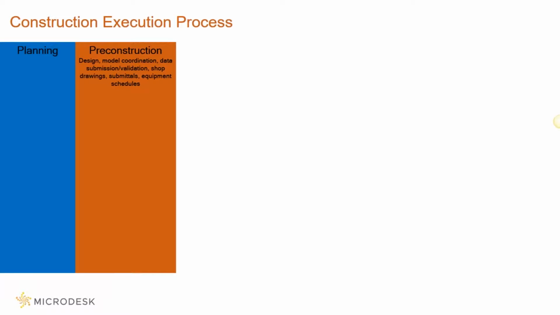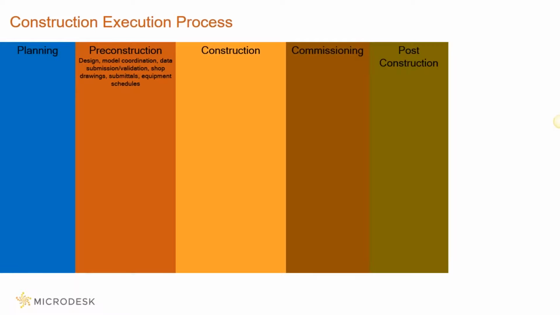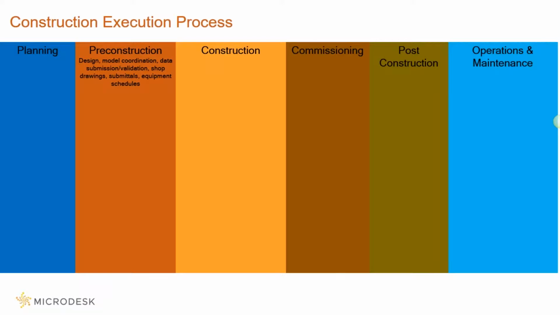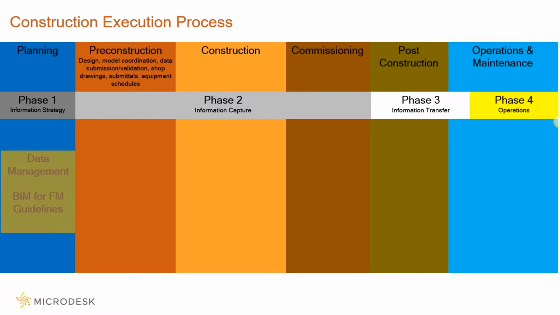Through this, we break it down typically into 4 phases: an information strategy, an information capture, an information transfer, and then into operations. There's a data management piece, which we call the BIM for FM guidelines, which occurs in the planning piece. BIM for FM guidelines is really just a way of saying that we're going to look at what the end state is and ensure that the BIM guidelines have the end state in mind.